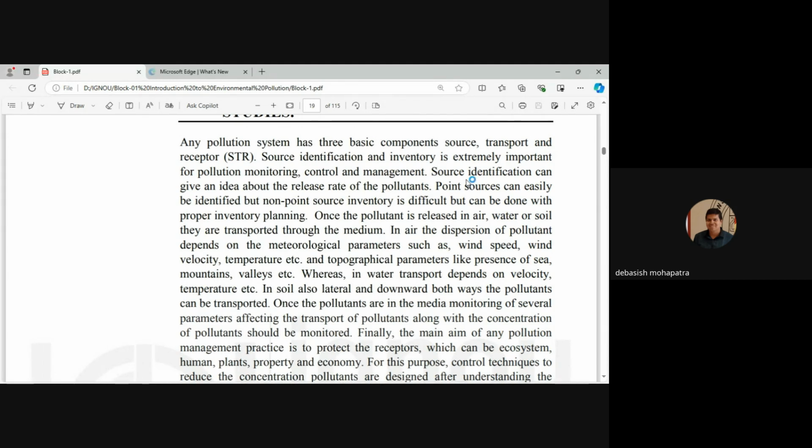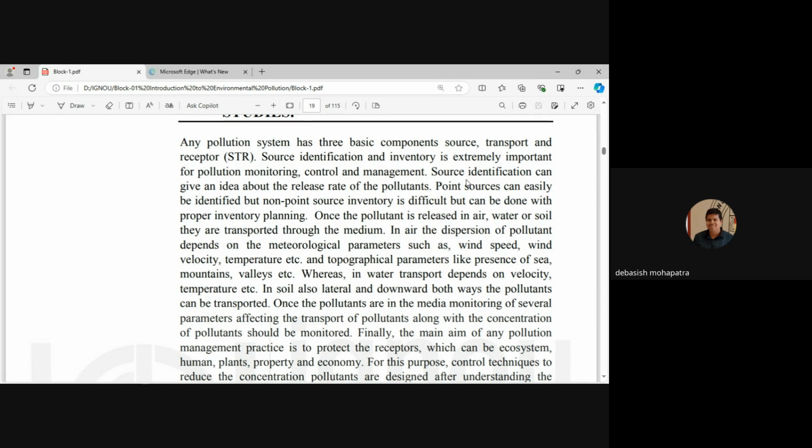In air, the dispersion of pollution depends on meteorological parameters such as wind speed and wind direction, whereas in water, transport depends on velocity, temperature, etc. In soil, pollutants can be transported both laterally and downward.